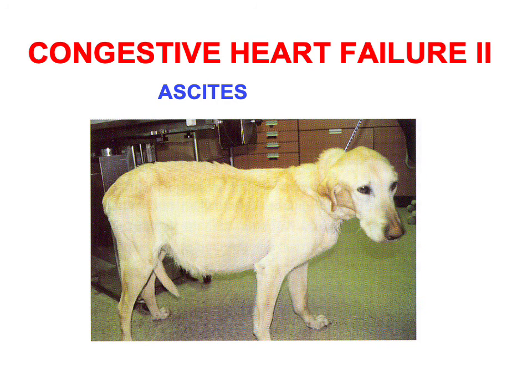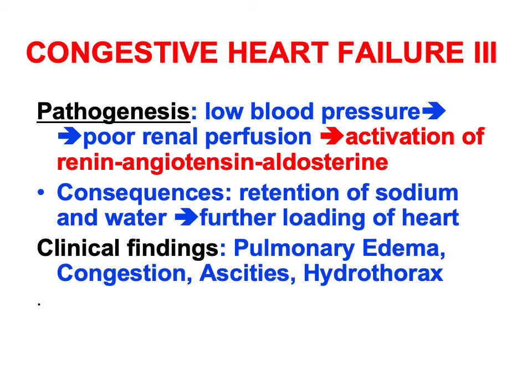But in the pathogenesis, you have to keep in mind the following. There is a low blood pressure at the beginning, which will cause poor renal perfusion, which in turn may activate the renin-angiotensin-aldosterone system at the outer part of the renal artery, which receives blood pressure as feedback and tries to increase the blood pressure.